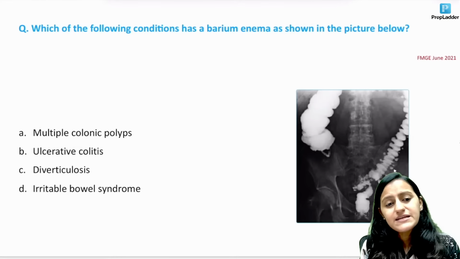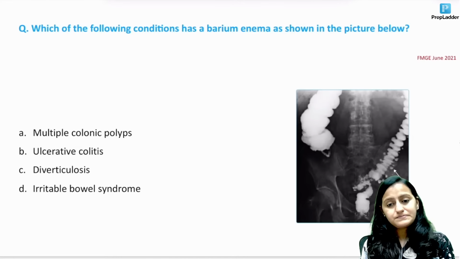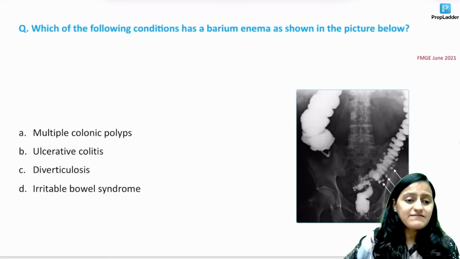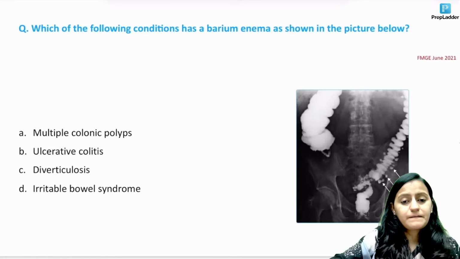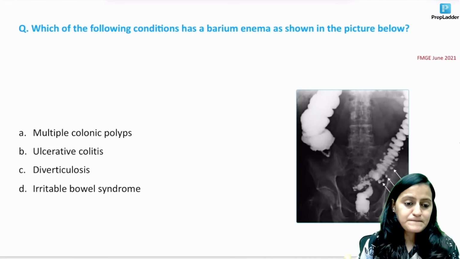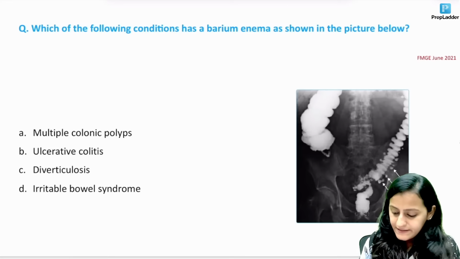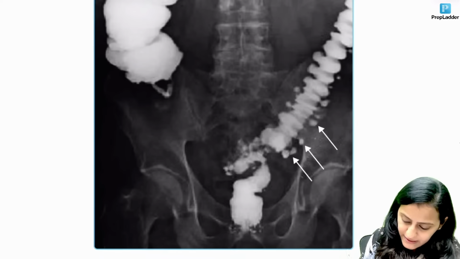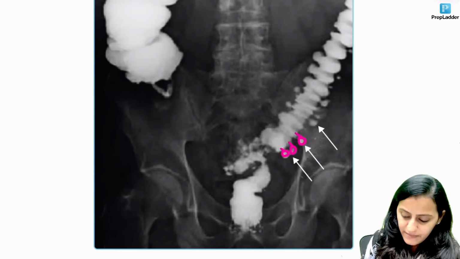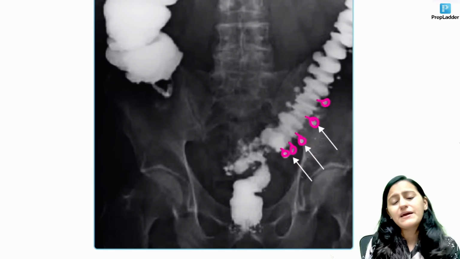Next one. What are you seeing here in this image? Are these polyps or are these diverticuli? Correct. So look at the image here. These are the outpouchings containing the barium, the outpouchings coming from the colon and containing the barium, right?